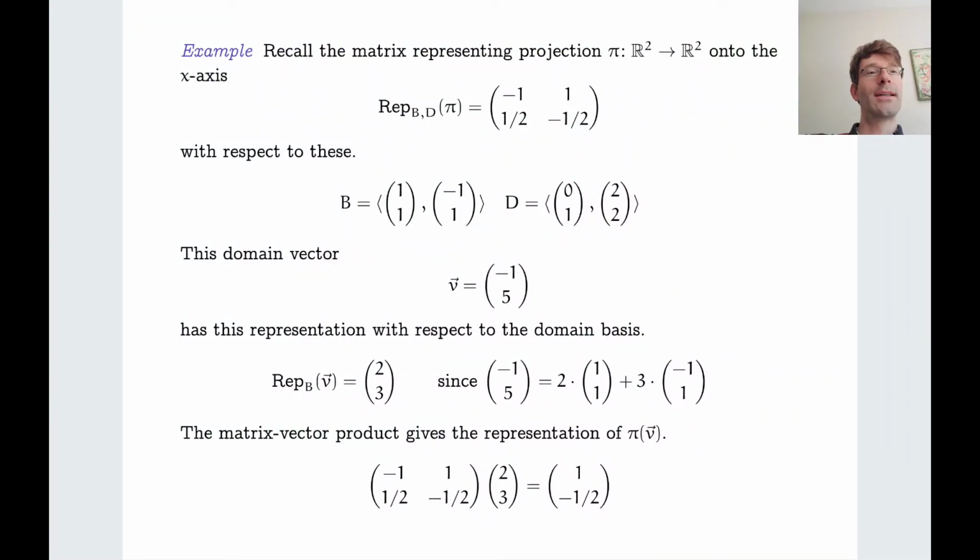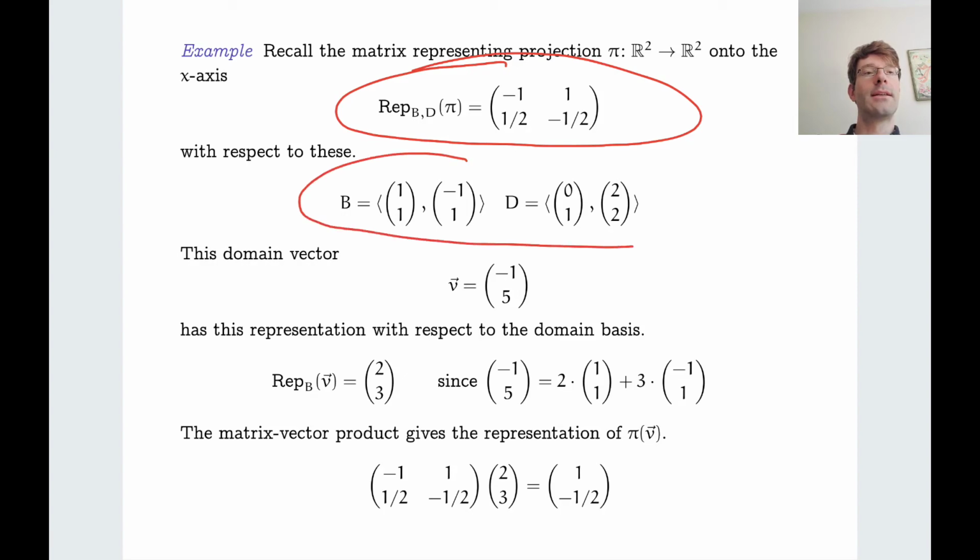Well, now we apply the theorem to the examples that we have seen. We have previously represented this projection map with respect to some bases B and D, which gave us this matrix representation of the map.